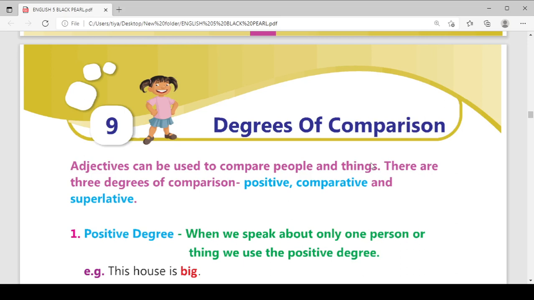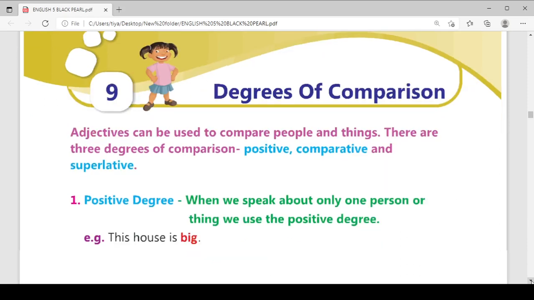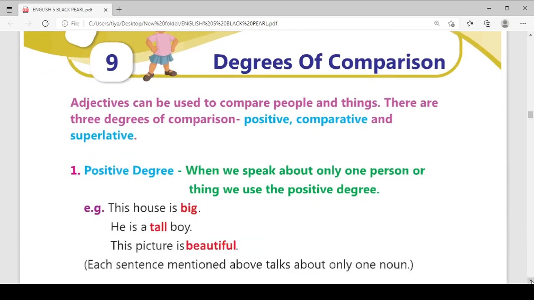Okay, so let's start. We have the positive degree. When we speak about only one person or thing, we use the positive degree. So when we are talking about just one person or in a general sense, it is called the positive degree.